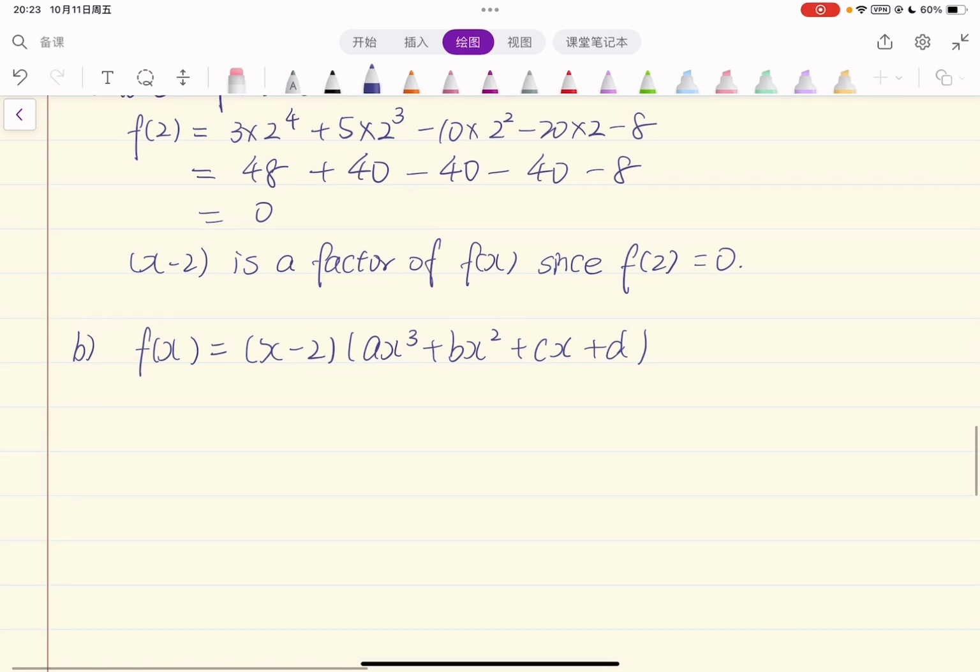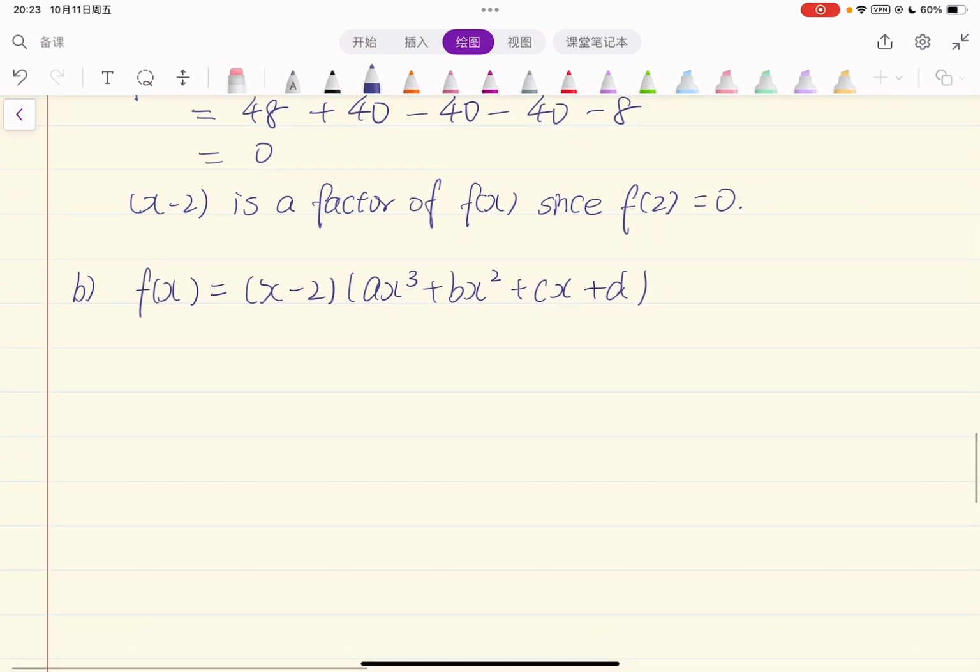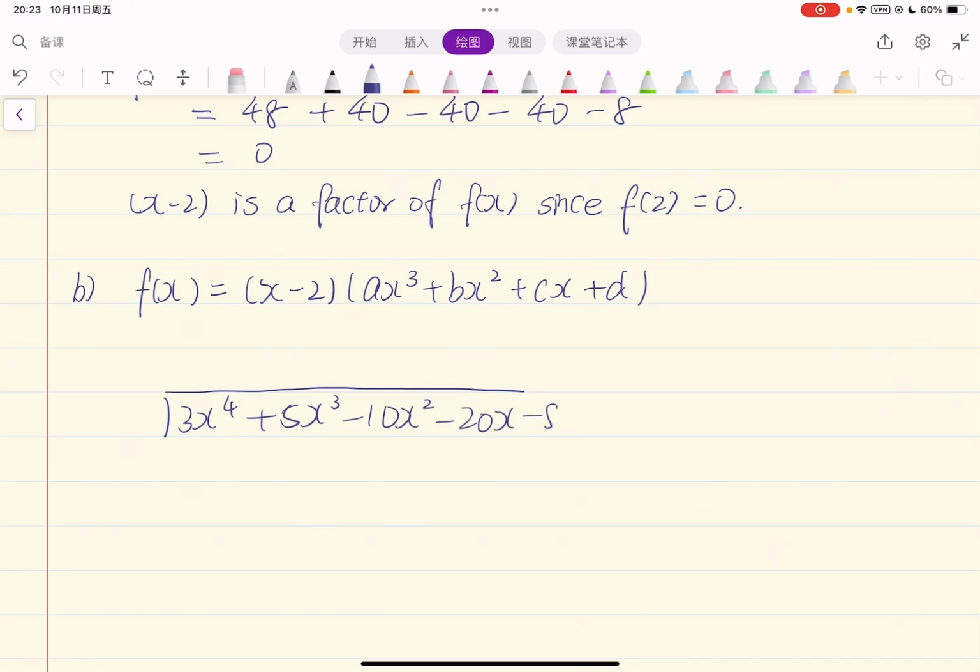But we don't know what that cubic is, so we use long division to find it. We have 3x to the power 4 plus 5x cubed minus 10x squared minus 20x minus 8 divided by x minus 2.